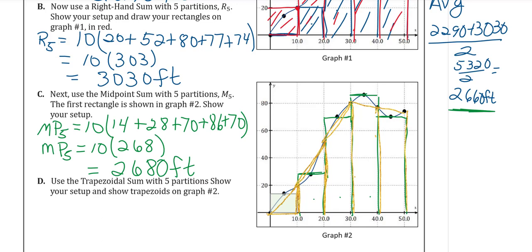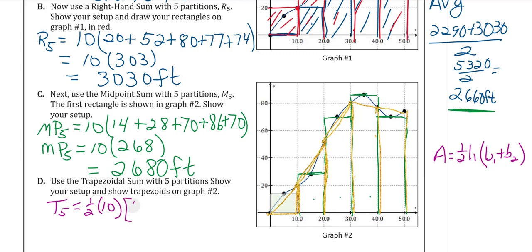So our areas are going to be, we'll call this T5, remember our area of a trapezoid is 1/2 the height times B1 plus B2. And I'm going to point something out as we do this, and I'll rewrite it that way in a second. So I'm going to keep the 1/2 out because they'll all have a 1/2 and they're all going to have a 10.